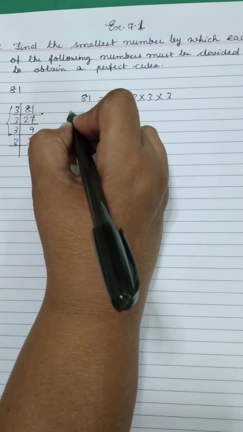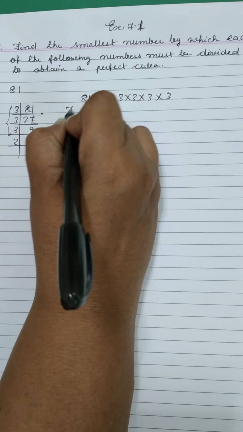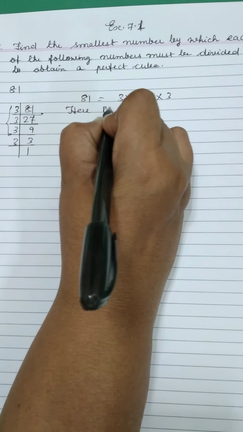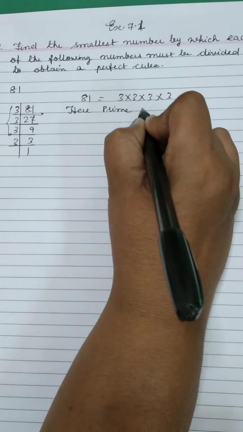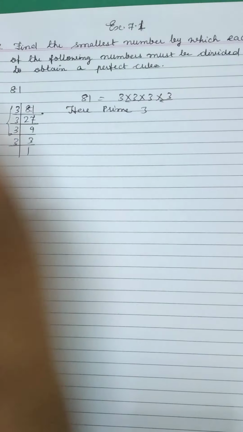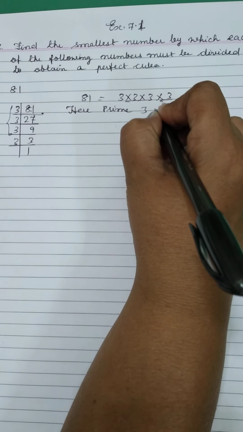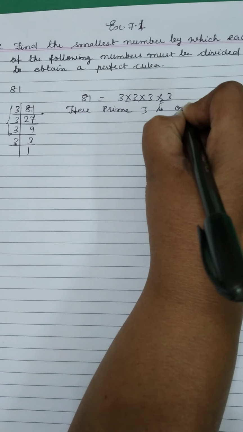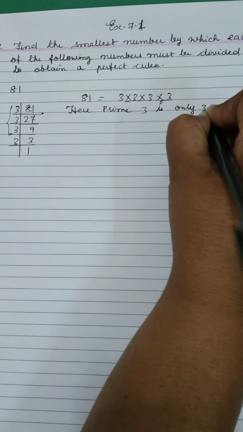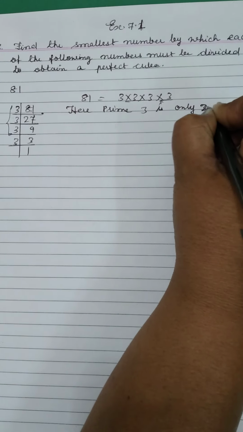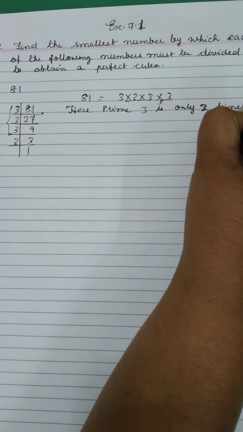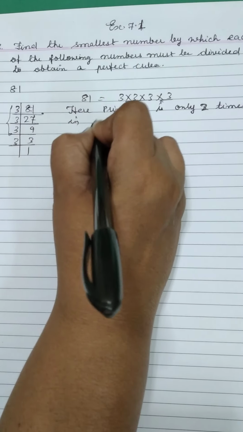What we write? Same here, prime number 3 is only 2 times in the second group.